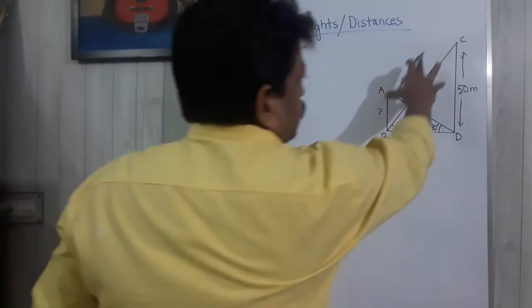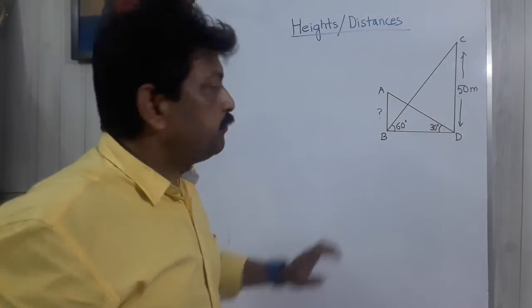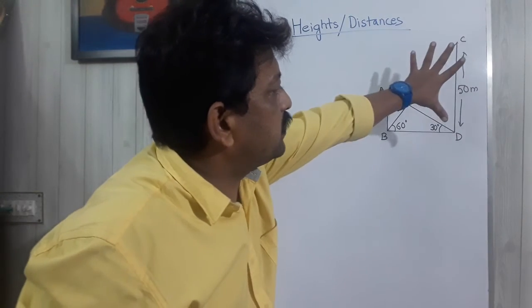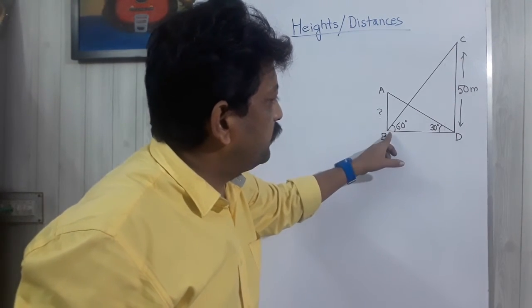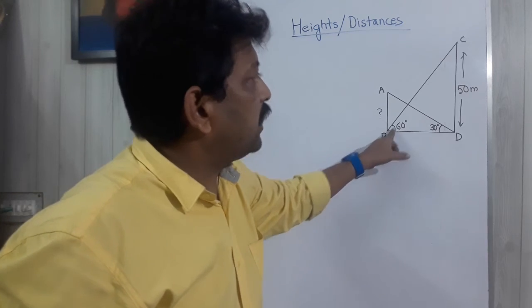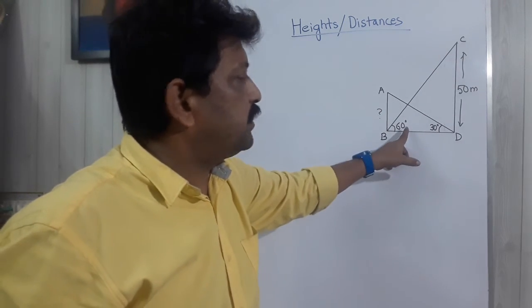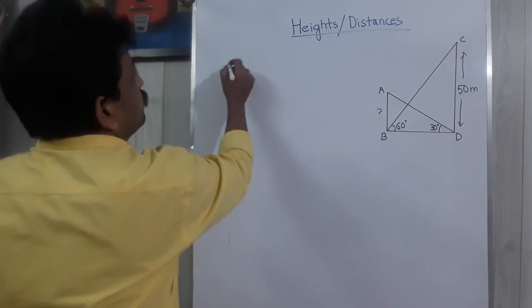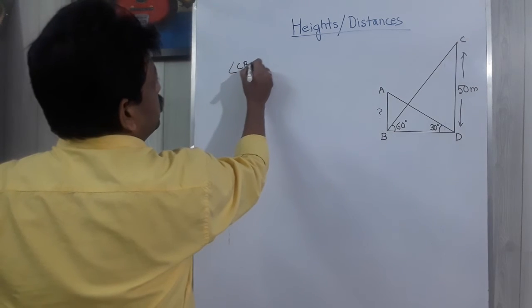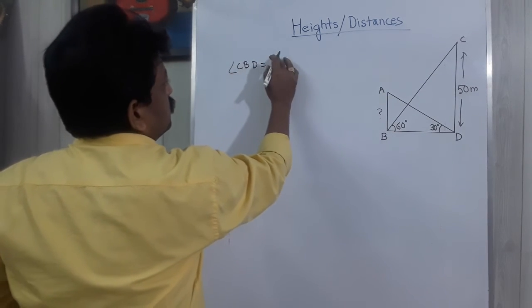Okay, so first, a little bit of description about the diagram. AB is the building, CD is the tower. From the foot of the building, that is B, the angle of elevation of the top of the tower is 60 degree. That means angle CBD is equal to 60 degree.